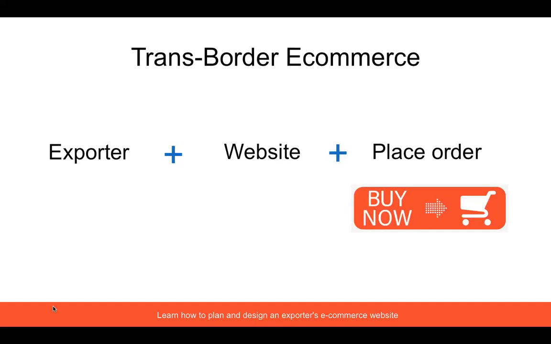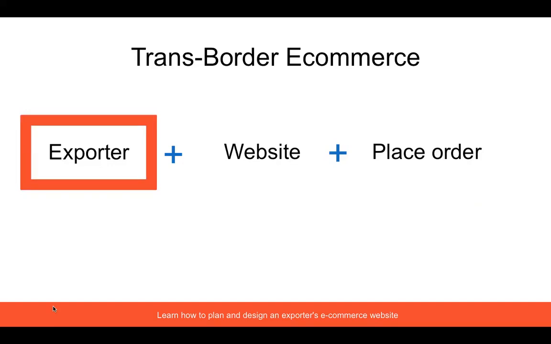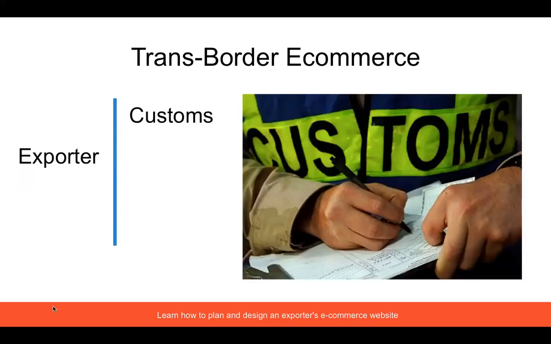But remember, we must follow the obvious steps. So first of all, you are an exporter, using a digital tool to promote your goods and services. As an exporter, you should remember that you must cope with customs. And this is very important the moment you decide to which country you are going to export online, to which country you're going to do cross-border e-commerce.